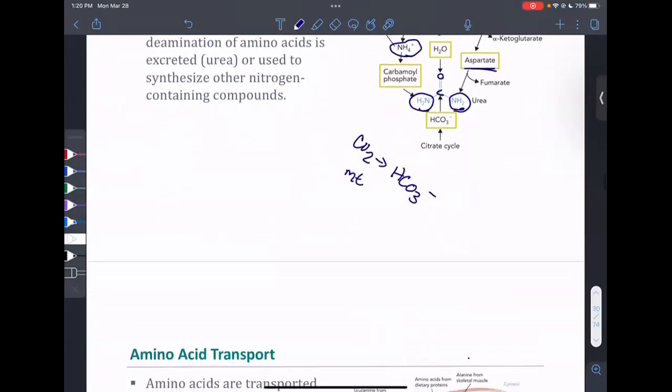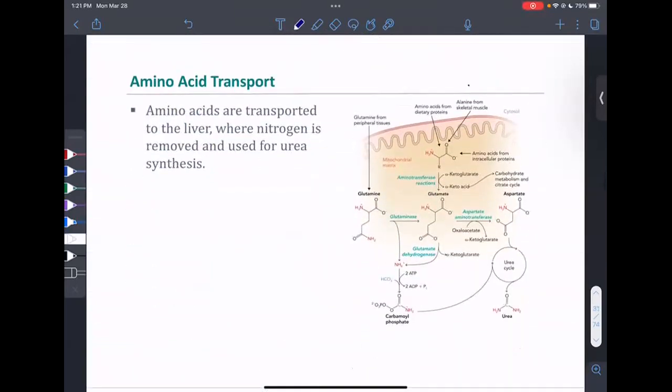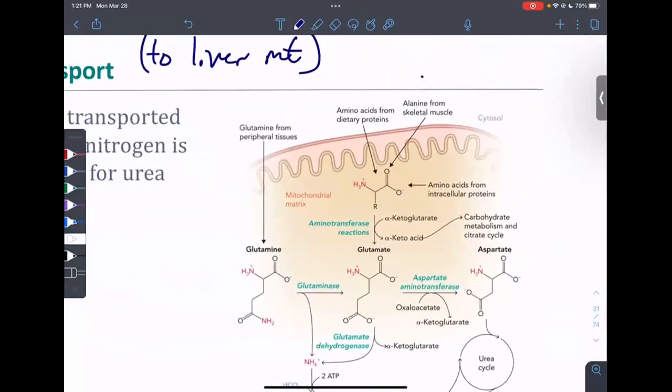So let's talk about how we transport those amino acids in order to get them to the liver, right? We want to get them to the liver mitochondria, right? So there are three different places that we can get amino acids from. We've talked about this before, right?